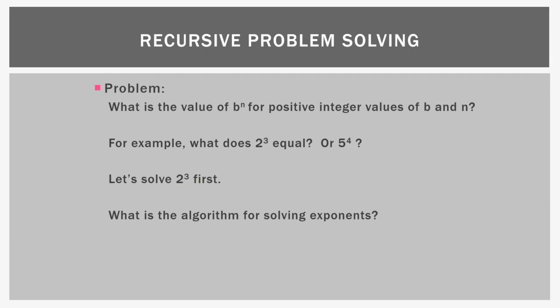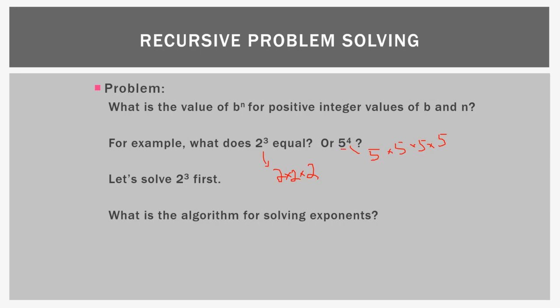Well, we have to consider how we're going to solve this algorithm. So for any exponent number, I think we learned the solution quite some time ago. We know that this is 2 times 2 times 2. And we know that this one is 5 times 5 times 5 times 5.